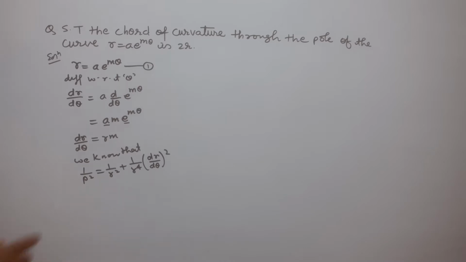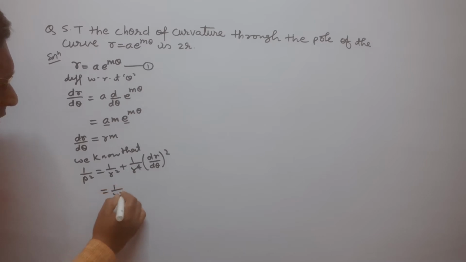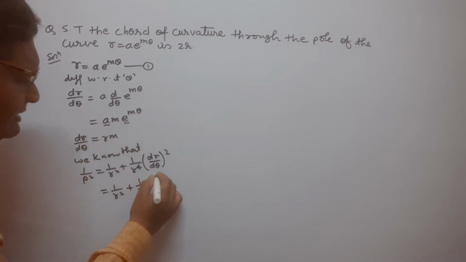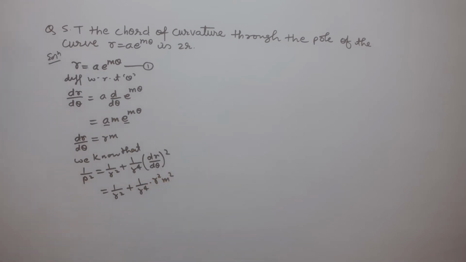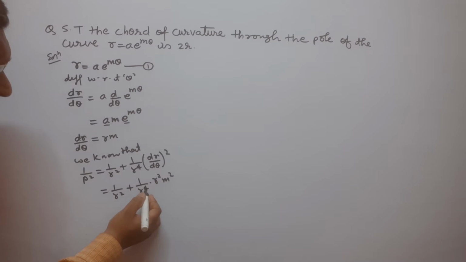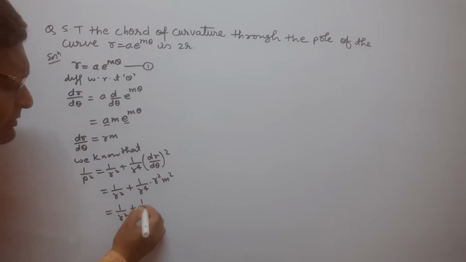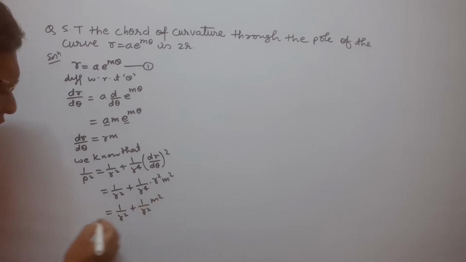So we put the value of dr by d theta: 1 upon r square plus 1 upon r to the power 4 into r square m square. Now from this r square we cancel the power 4 and get 1 upon r square. So 1 upon r square plus 1 upon r square m square is equal to 1 upon p square.